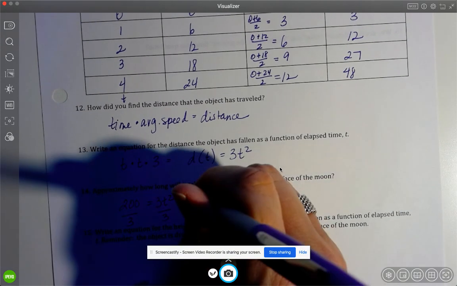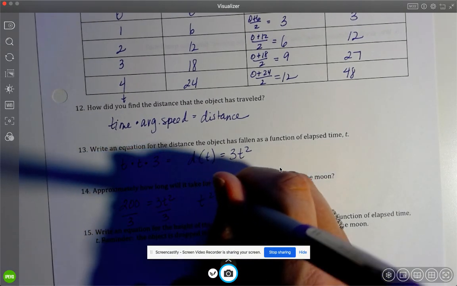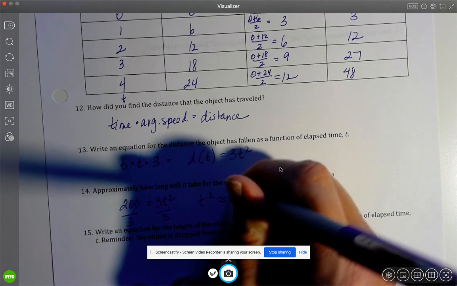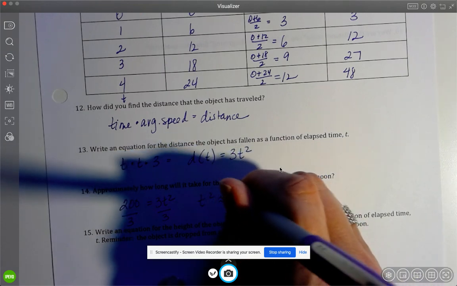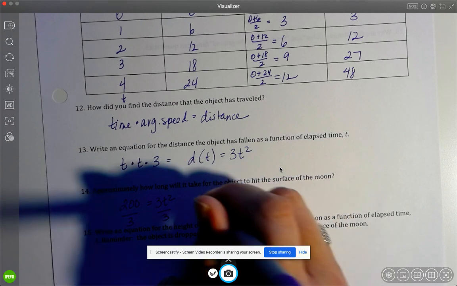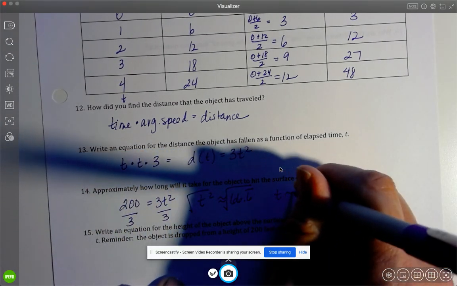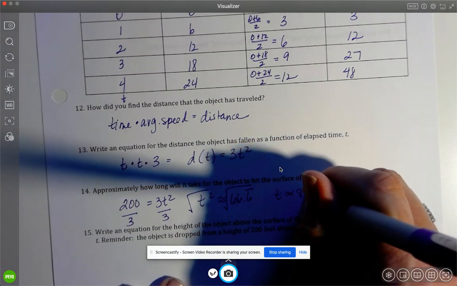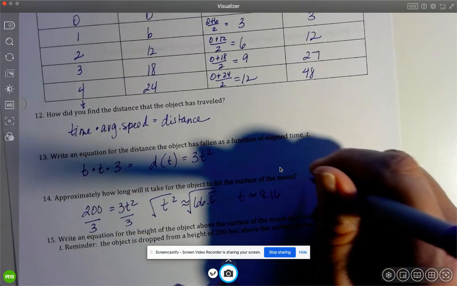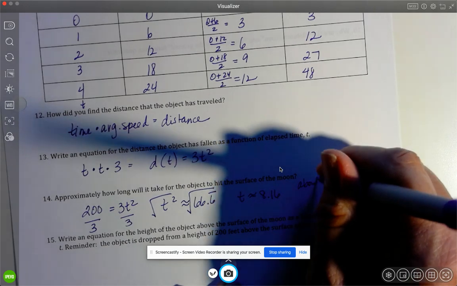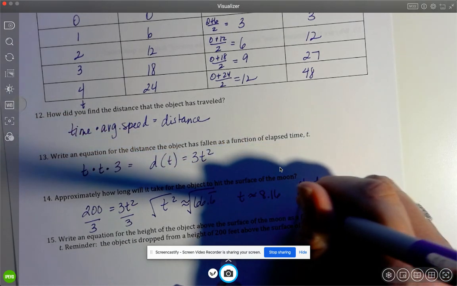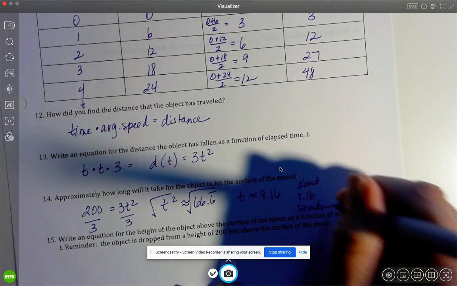And I get t squared is about 66.6. So that means when I take the square root of both sides, I get t is about 8.16. So about 8.16 seconds is how long it'll take.